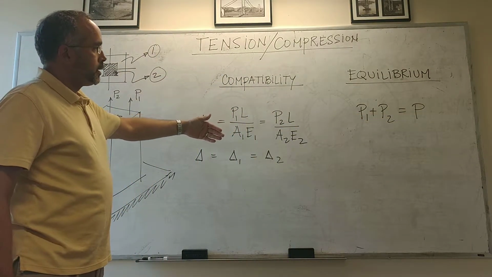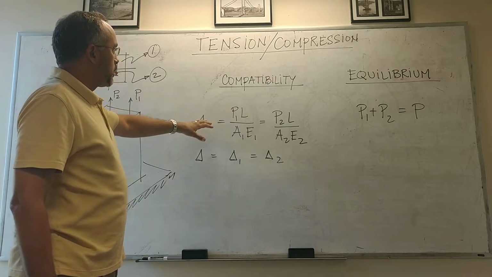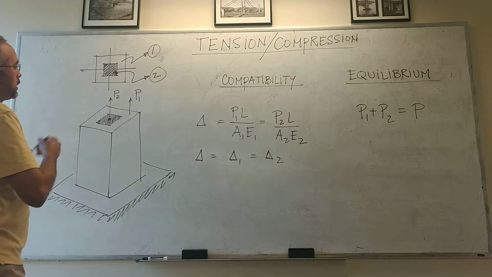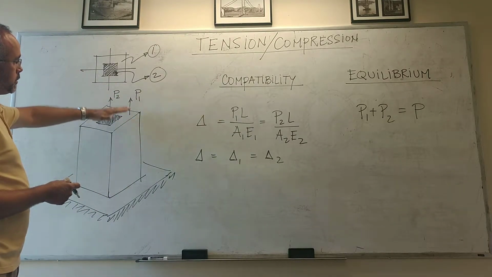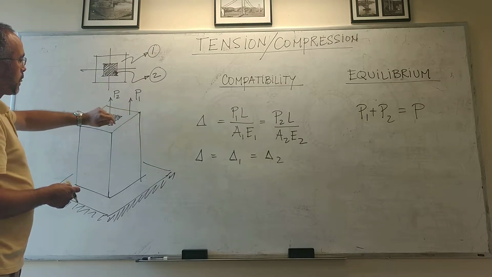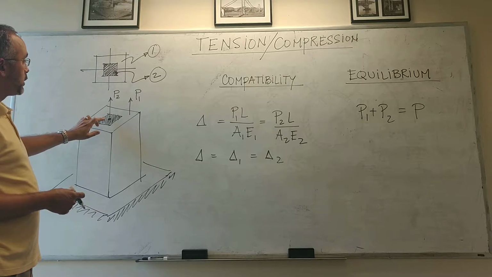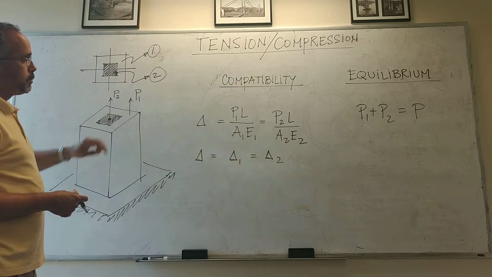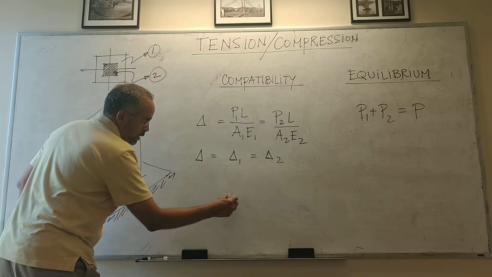On the other side, we have the compatibility equations, which basically state that the total deformation of this member must be the same as the deformation experienced in material 2 and in material 1, because they all deform the same. Right?